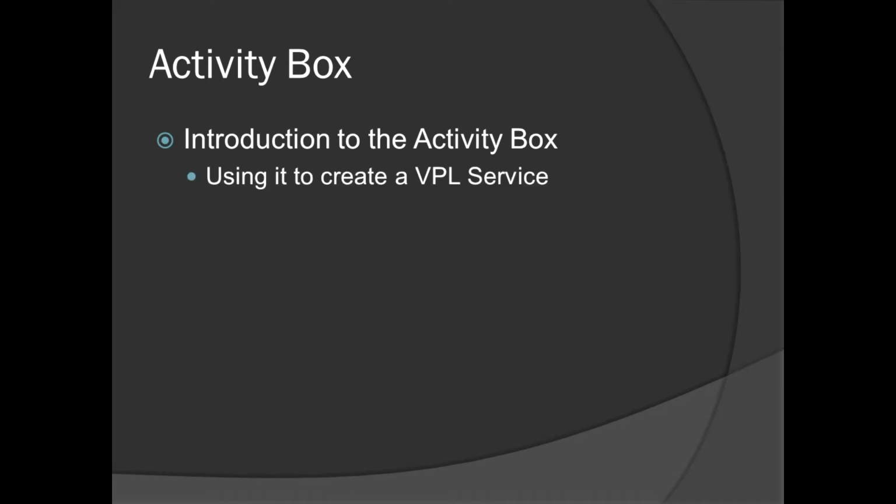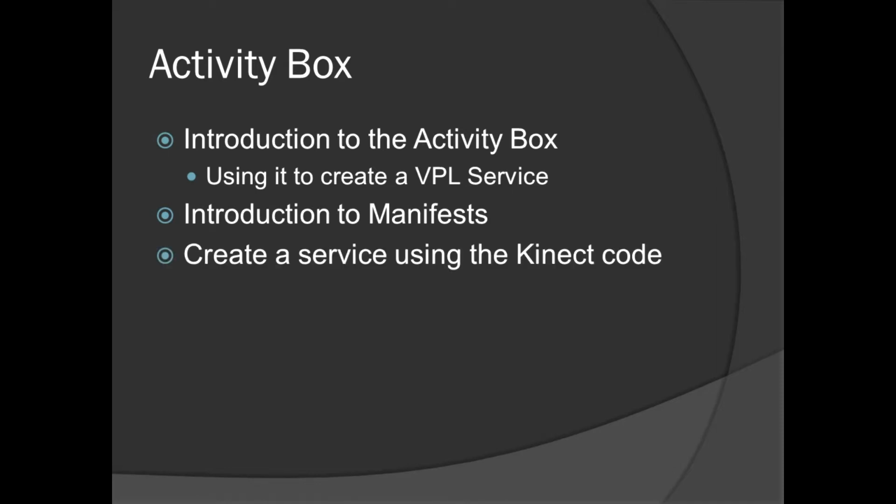In the next video we're going to do an introduction to manifests, not very deep, but some things that you're going to need to know. And finally we're going to create a service using the Kinect code we wrote in the Follow Me project, and build a nice service that you can use. So anyway, that is our goal, and we will proceed with the activity box.